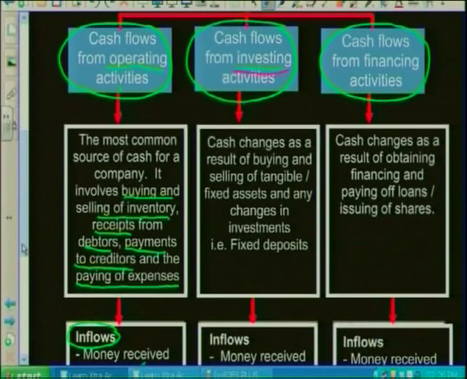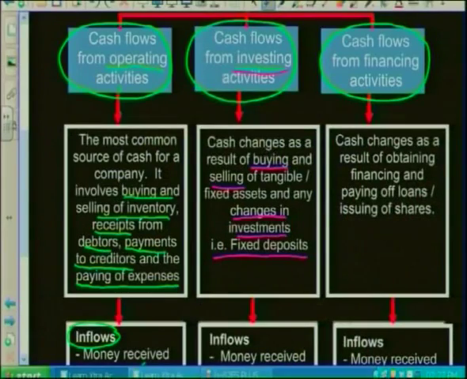Right, let's look at investing activities. This is the cash that changes as a result of buying and selling tangible or fixed assets or any change in investments. Here we're talking about other investments, for example, your fixed deposits. Remember, a company not only purchases tangible assets, but after a while, that company may decide on replacing some of these tangible assets.